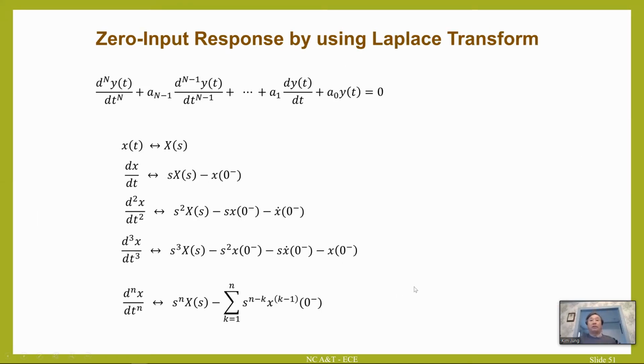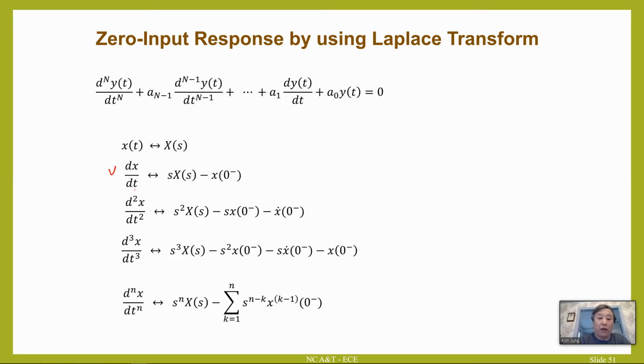Now we're going to learn about the zero input response or total response by using the Laplace transform. In the case of the Laplace transform, we consider the initial condition. This is a derivative.